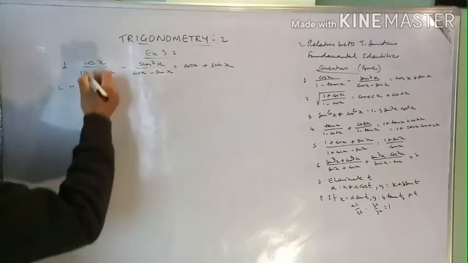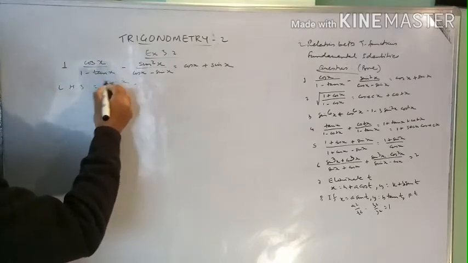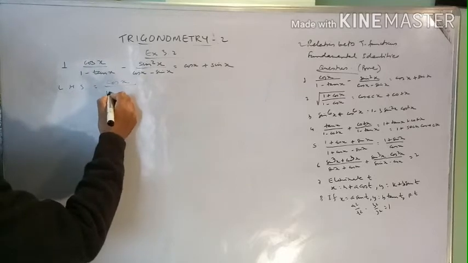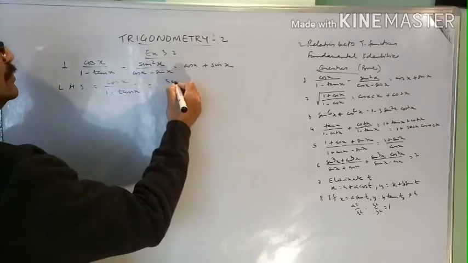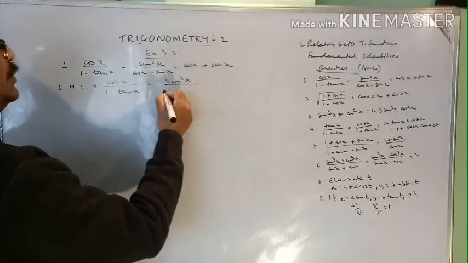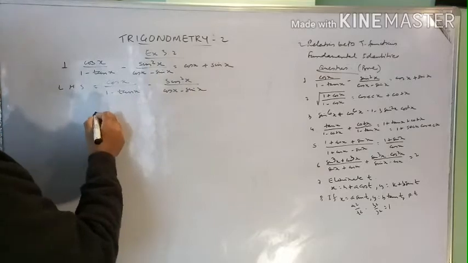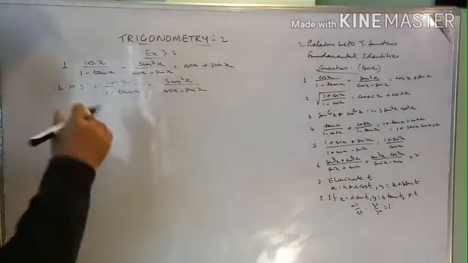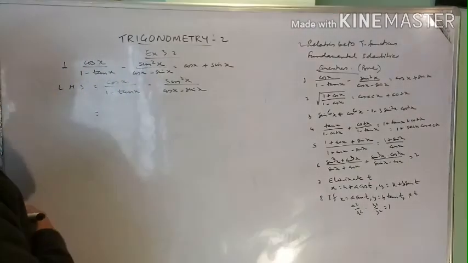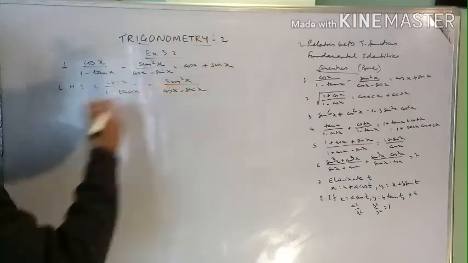Here we can simplify left hand side, so we begin with left hand side. Write as it is, cos x upon 1 minus tan x minus sin square x upon cos x minus sin x. Now when we have sin x and cos x, then change other ratios also in the form of sin x and cos x. Like we have tan x, change tan x into sin x by cos x.